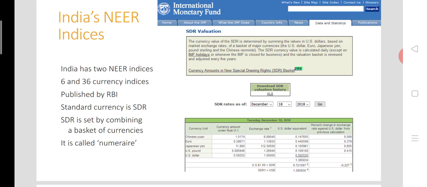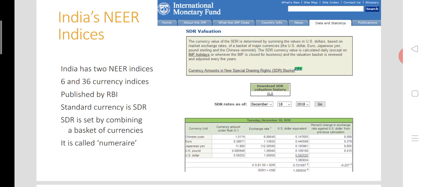You can see in the table at the bottom right of the screen, there are 5 currencies which are widely used in the foreign exchange market: Chinese yuan, euro, Japanese yen, UK pound sterling, and US dollar. So these are the 5 base currencies for SDR valuation.